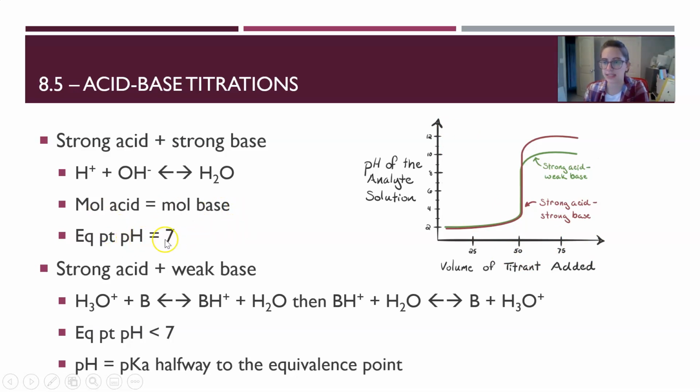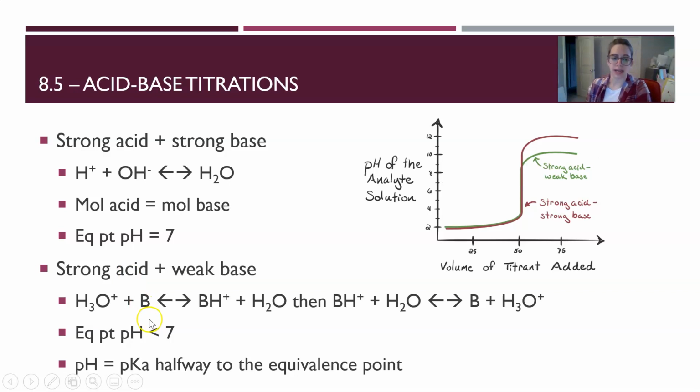Your equivalence point is still going to happen at 7. That's not going to change because you're still reacting your proton with your hydroxide to form water, and then you'll end up with a salt, whatever the anion from your acid and the cation from your base come together to be. And so your pH is still going to be 7 at the equivalence point.